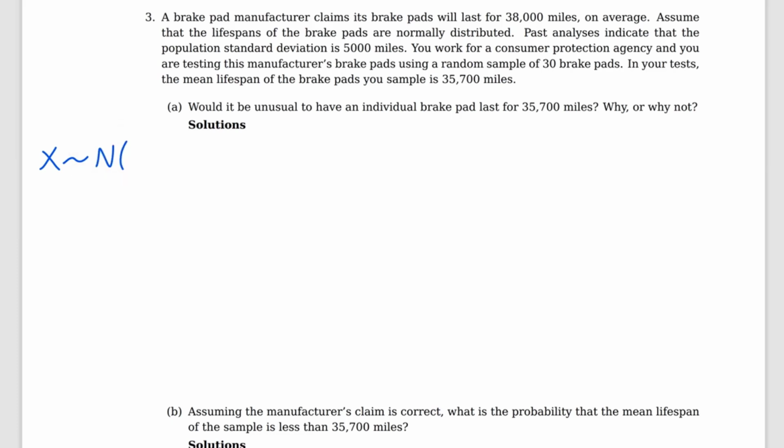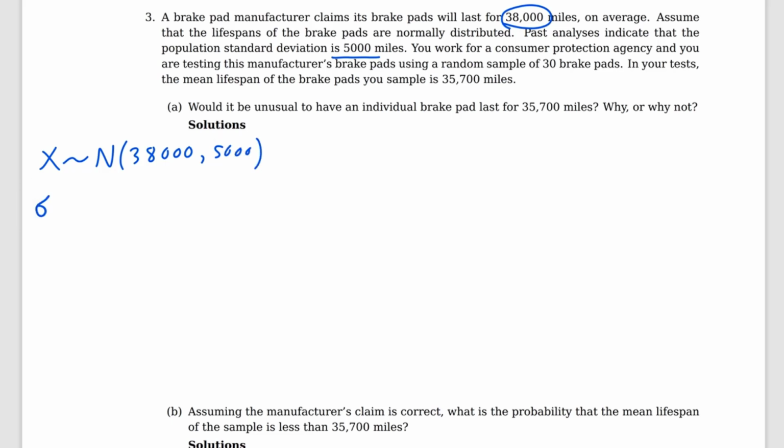Now we need to find the mu and sigma. First analysis indicates that the population standard deviation is 5,000. This is the average, right? Therefore, we can say 38,000 is the mean, and 5,000 is the standard deviation.